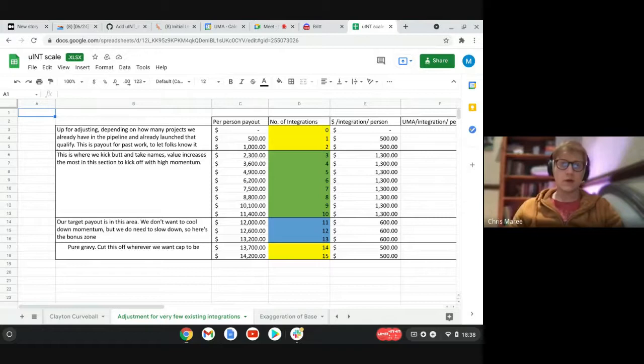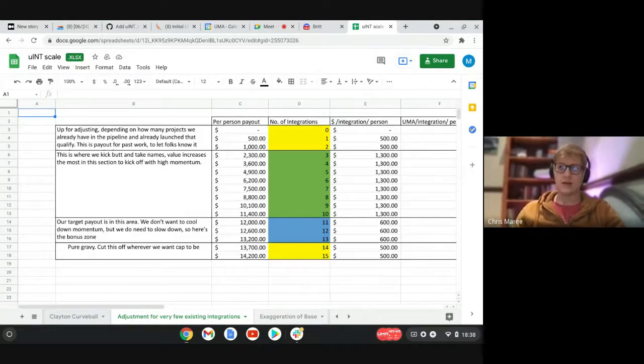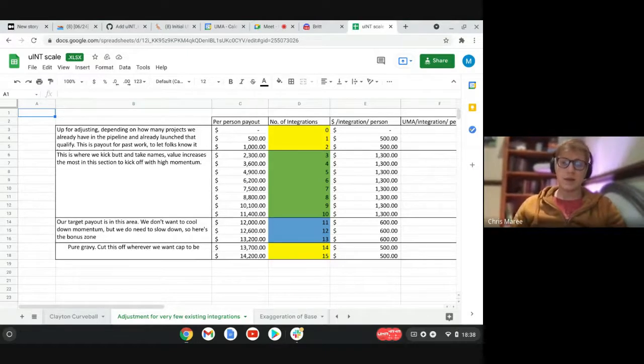So it's like, for this number of integrations, how many UMA should we pay out, right? The question is defining the payout rather than defining a price that's used to calculate the payout. And the reason I'm thinking about it like this is from an implementation perspective. When we actually create the financial contract, it's easier if we have a numerical number that we can then input into something else, if that makes sense.